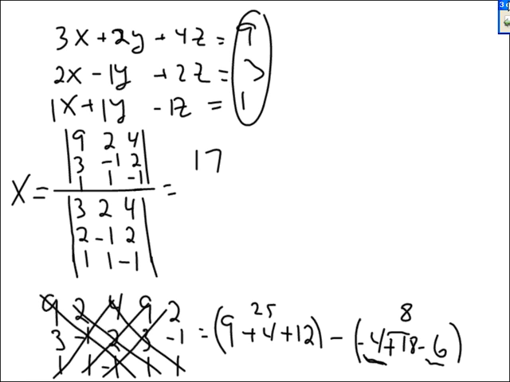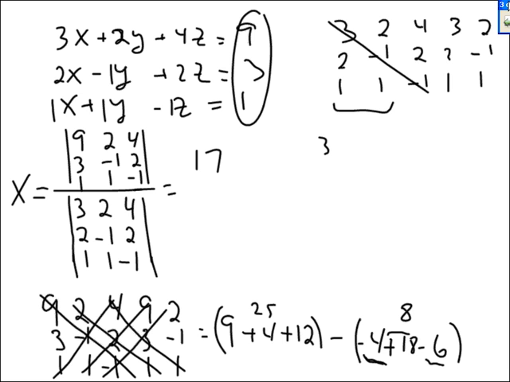Now, you have to do the bottom determinant. Let me do that up here, please. 3, 2, 1, 2, negative 1, 1, 4, 2, negative 1. Repeat the first two. 3, 2, 1, 2, negative 1, 1.